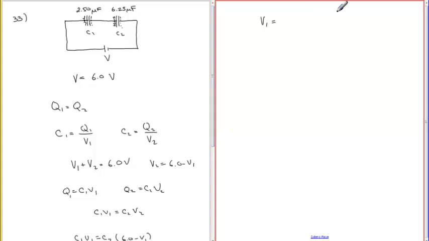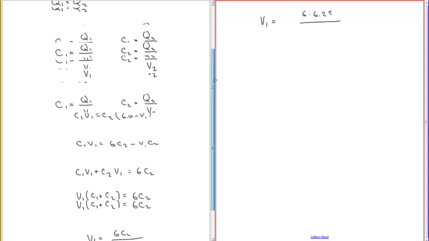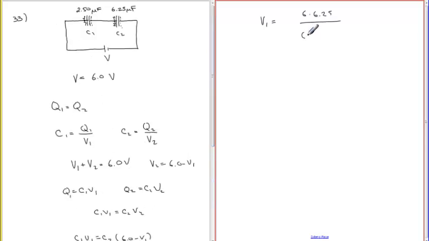So we're going to have 6 times 6.25 divided by the sum of the other two, 2.5 plus 6.25. So this is voltage. These are all capacitances, so the capacitances cancel out. So 6 times 6.25 divided by 2.5 plus 6.25.